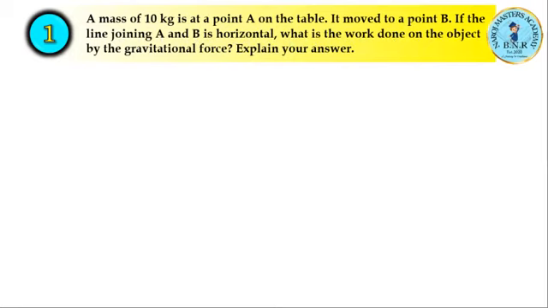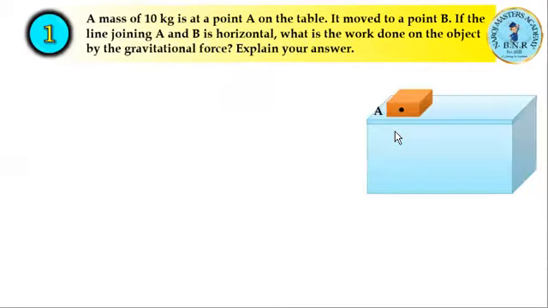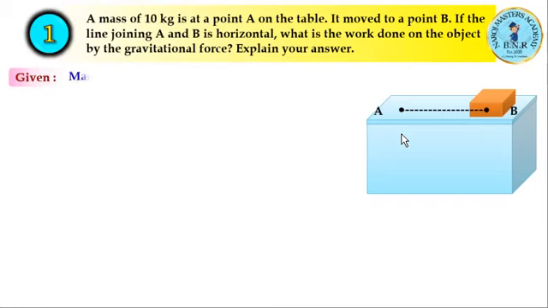We know that gravitational force always acts downward. So here is the table and here is object A, and it has to move to point B. We are not calculating the work done by the external force; we have to find the work done by the gravitational force. So mass M is equal to 10 kg.